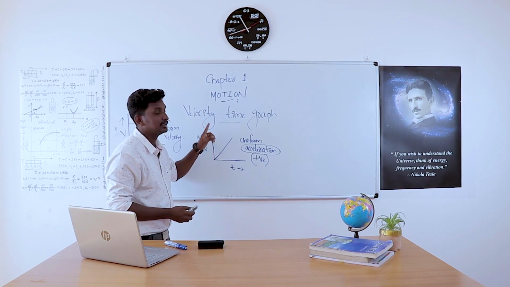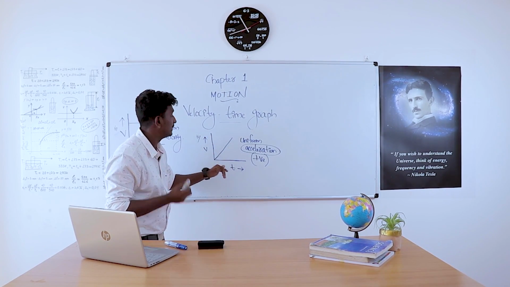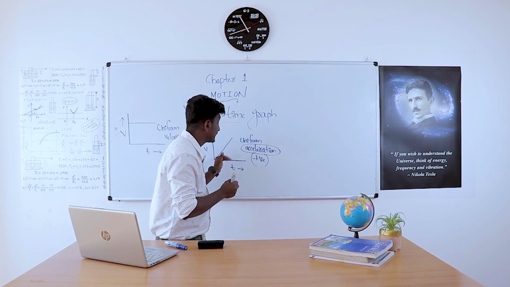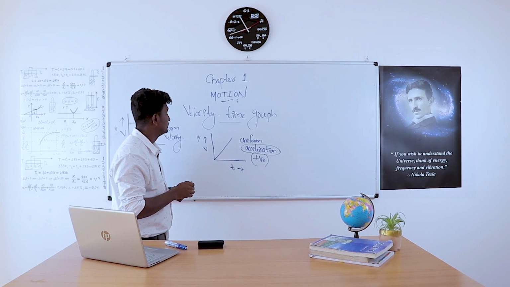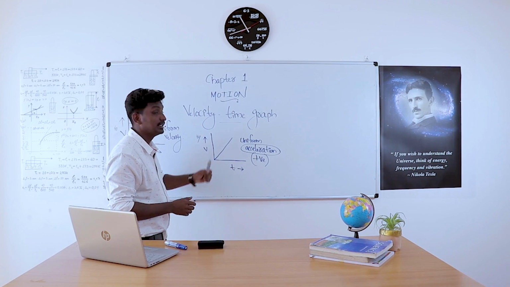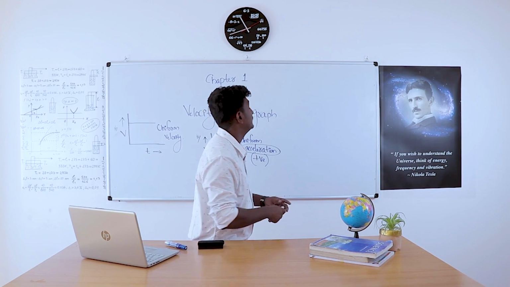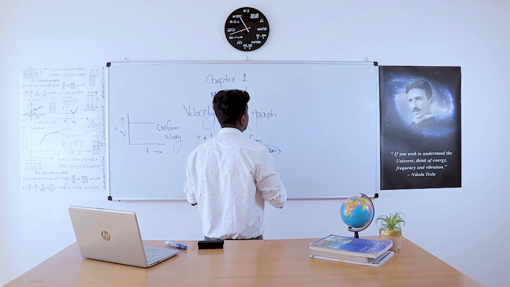Now, just listen carefully to the graph. In velocity time graph, if we are getting a straight line starting from origin, then the nature of the graph is uniform acceleration. Since it is an increasing one, it is positive value.